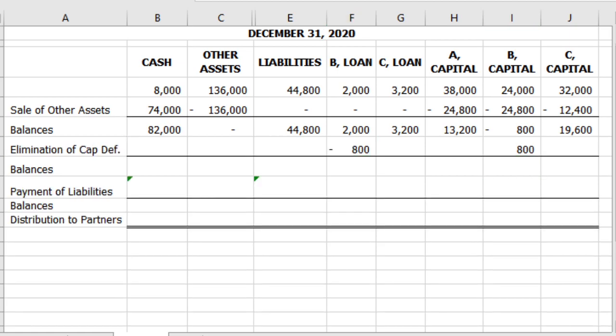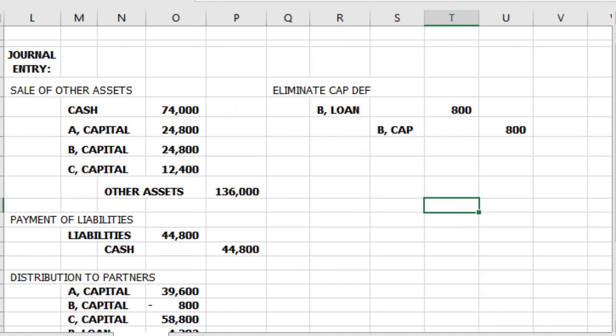So ganito yung mangyayari. Babawasan natin yung kanyang loan ng 800. And yung 800 na yun, ilalagay natin sa kanyang capital para ma-eliminate yung kanyang deficiency. So, mangyayari niyan, mazi-zero out na yung capital ni B partner. So, yung magiging entry natin yan is ganito. So, ito yung magiging entry natin for the elimination of capital deficiency.